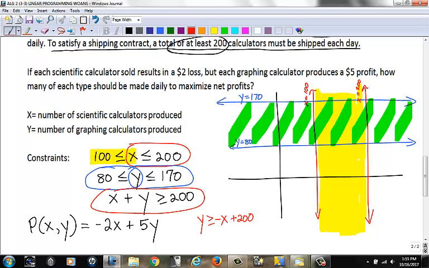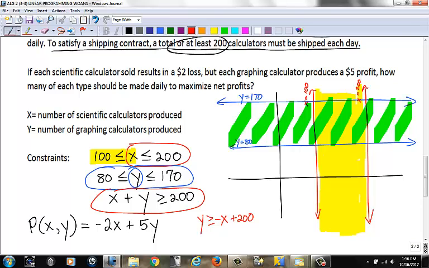And for the window, I want to show part of this, so I'm going to go -50. I don't need all that. Let's go -10. We may have to adjust that. For the x max, how far over did our vertical line go? 200. So let's go maybe 300, and I might need to change it.